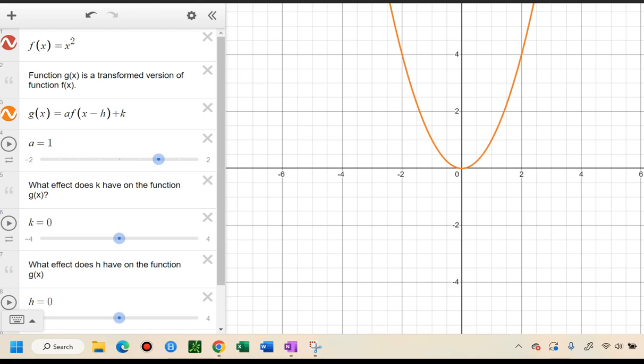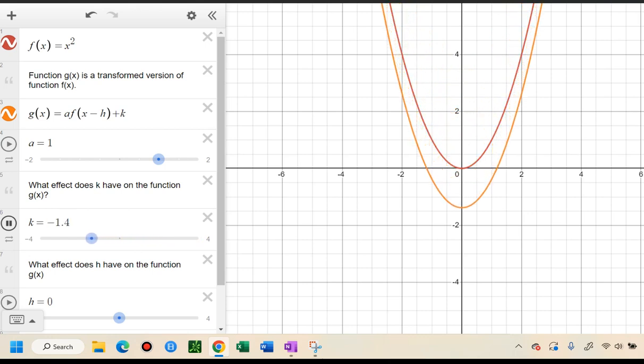So let's see what effect does k on the outside have on the function. Now, if you look at the parabola here, the graph of the parabola, I'm going to let the slider move, and you can see the effect of it. You see how as k becomes positive, there is a vertical shift of that parabola.